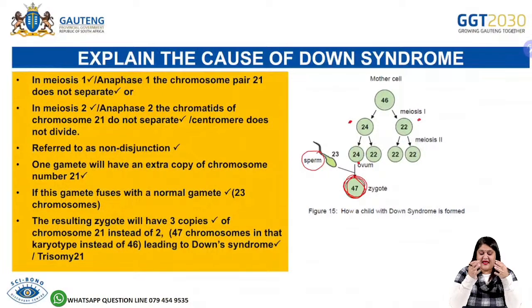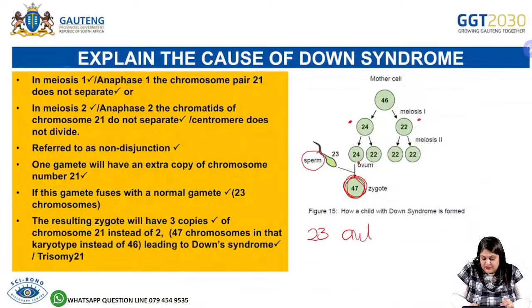That's where we are. Now, how does Down syndrome happen? That is when we have that abnormal gamete that has an extra chromosome. Let me back that up again and repeat what I said about the karyotype of a haploid. If it's chromosome 21 that does not separate, we are not going to have 23, we're going to have 23 autosomes, and we're going to have one gonosome.